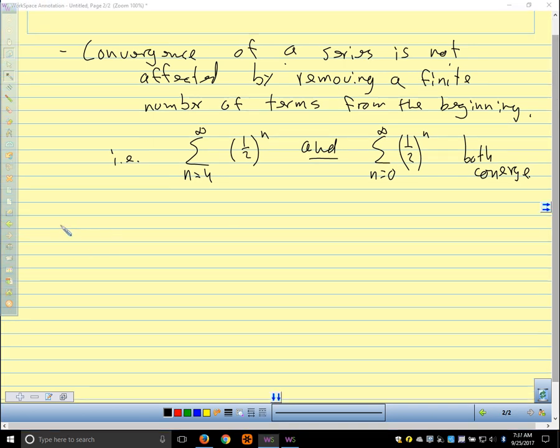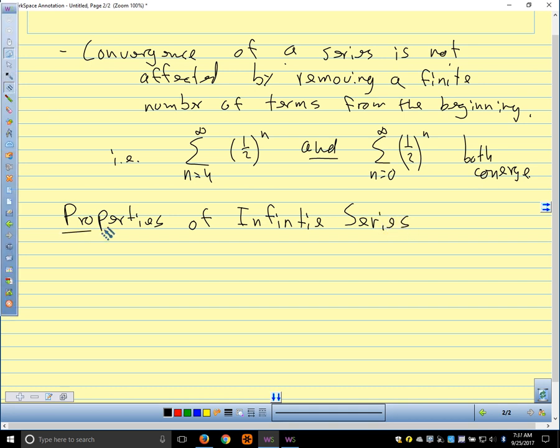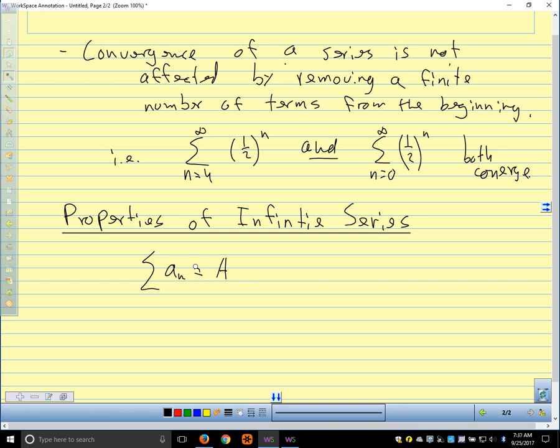I want to list out a couple of properties, some arithmetic that we can do with series that might be helpful as we do various manipulations. I'm leaving off the 0 to infinity or 1 to infinity. These are both infinite series, and these converge, and c is a real number.